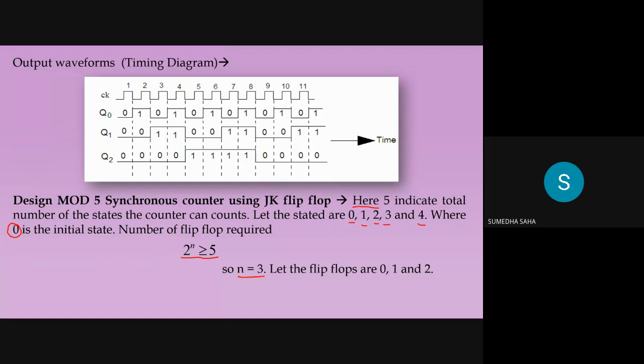Very good. As it is mentioned in the question, you have to design the counter using the JK flip-flop. If you design it using any other flip-flop, the counting sequence will be the same, but no marks will be given because the question says you have to use JK flip-flop. So first is finding the number of flip-flops required, and here it is 3.